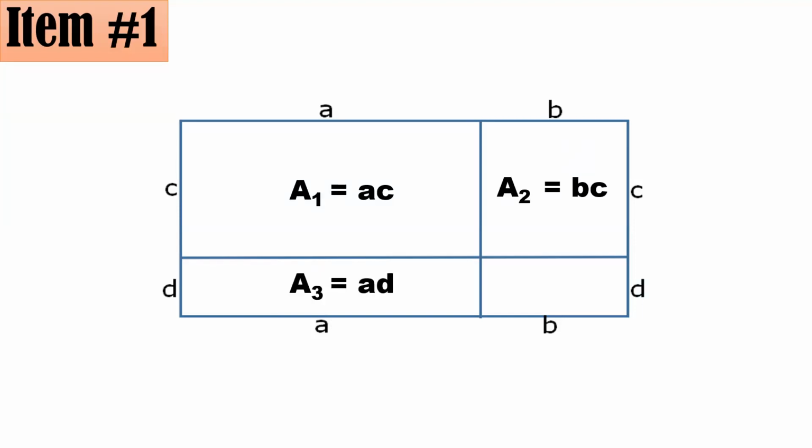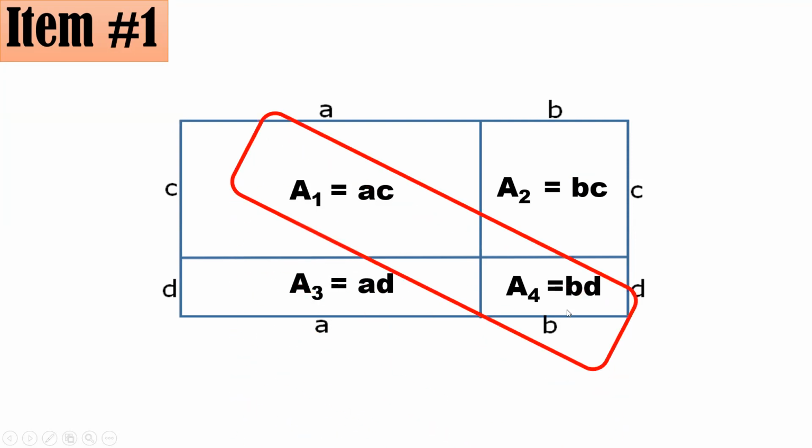And how about the last po? The last rectangle, yung pinakamaliit dito, has an area of B times D, or simply BD. Tama. So, hopefully may nakikita po kayong pattern. I-multiply po natin yung cross. Ito po, i-multiply natin yung A sub 1 kay A sub 4. Ano pong product nila?